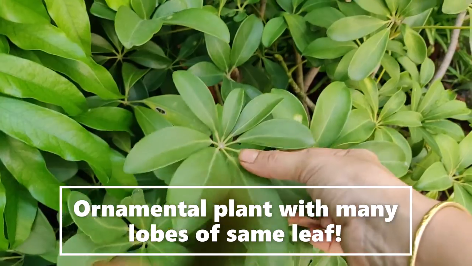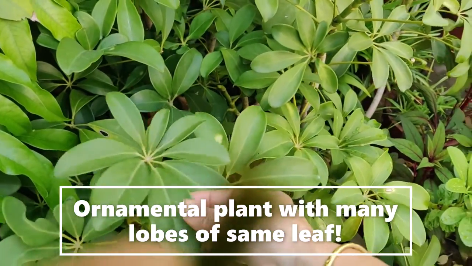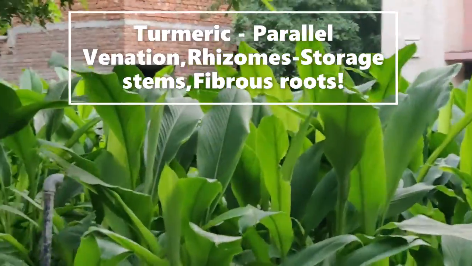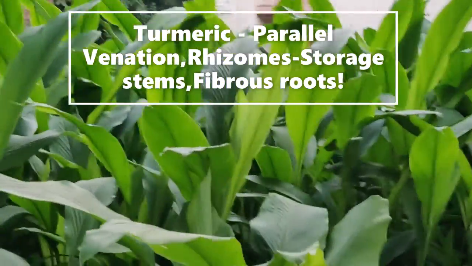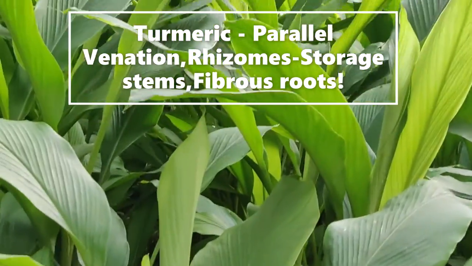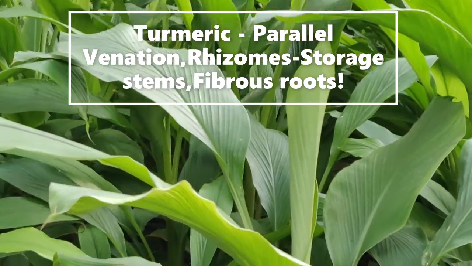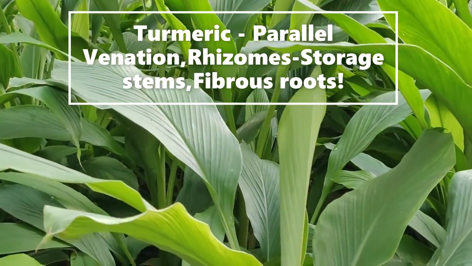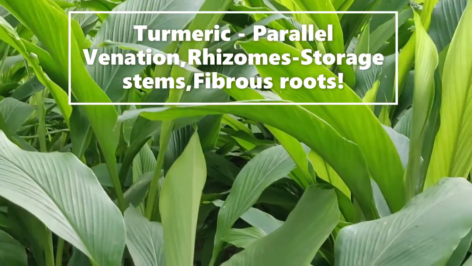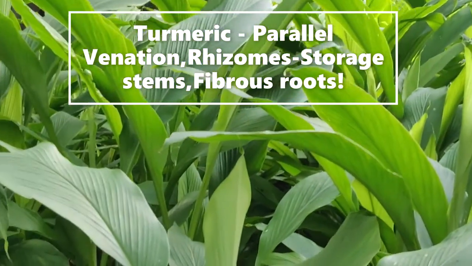See, leaves of these plants are divided into so many lobes. In a single leaf there are so many lobes formed. These are haldi or turmeric plants whose leaves show typically parallel venation and they have fibrous roots. The turmeric roots are actually not roots, they are rhizomes. They are a part of the stem and they are storage stems.